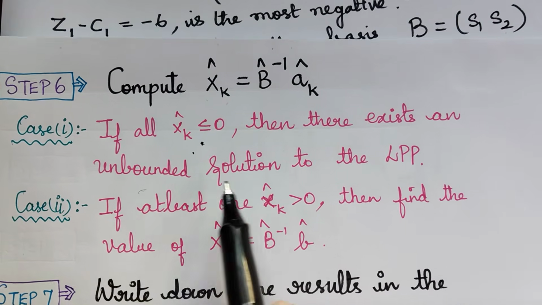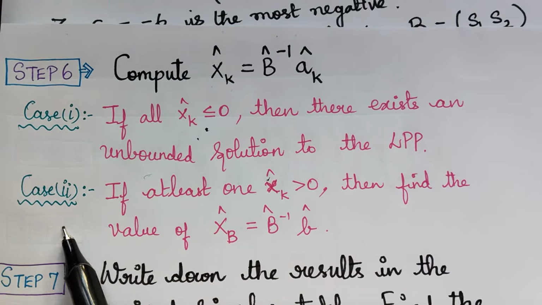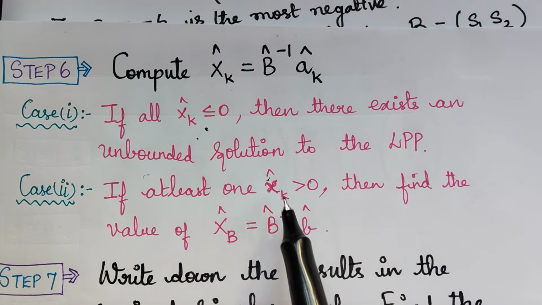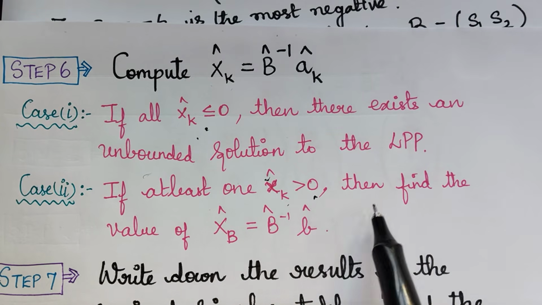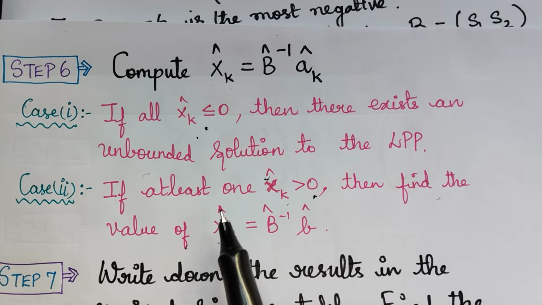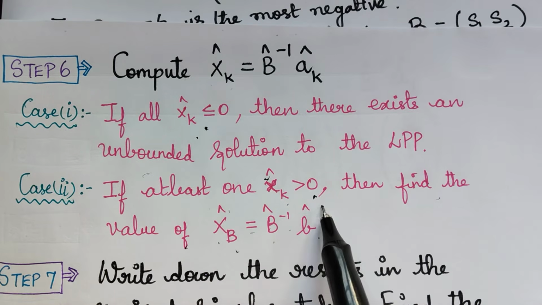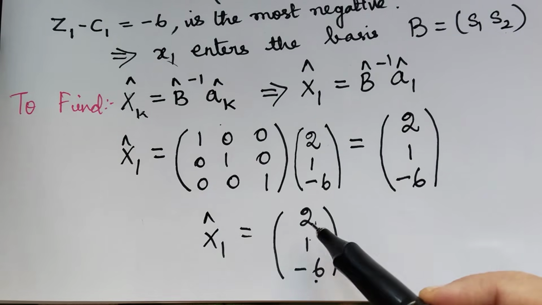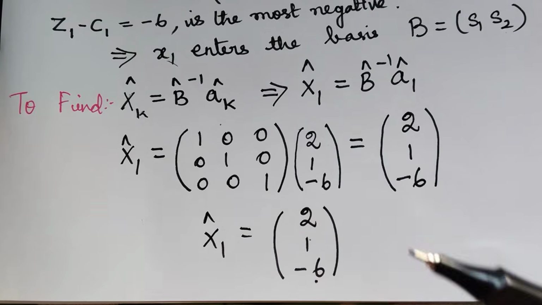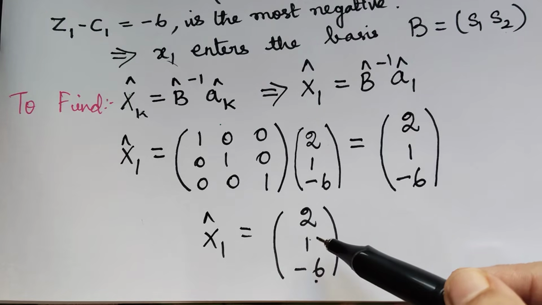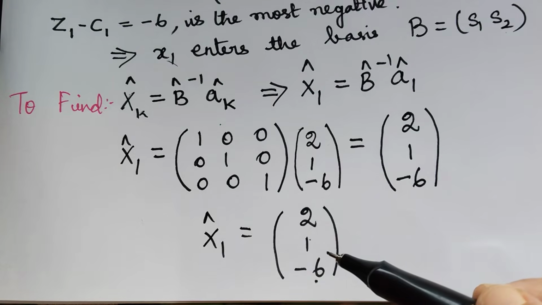So we don't have an unbounded solution. The second case is, if at least one xk cap is greater than 0, then find the value of xB cap, which is equal to B cap inverse multiplied with b. There are two values greater than 0, so we have to proceed to find xB cap.